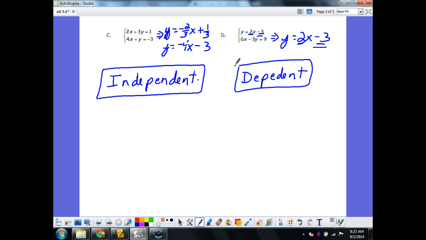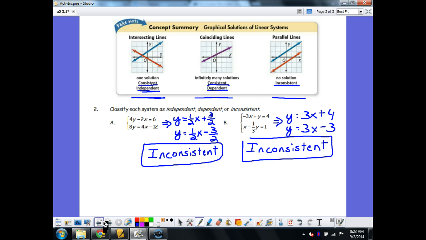So for quick review, if we go back to this table, intersecting lines, line systems that have one solution, have a different slope. Once you see a different slope, you know they intersect in one place and you have one solution.